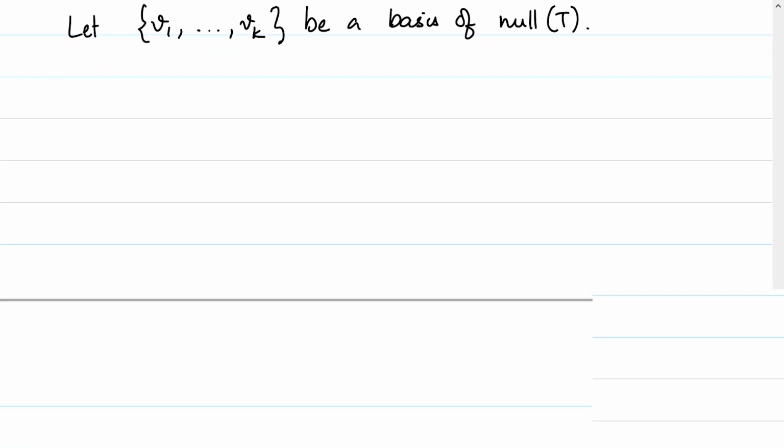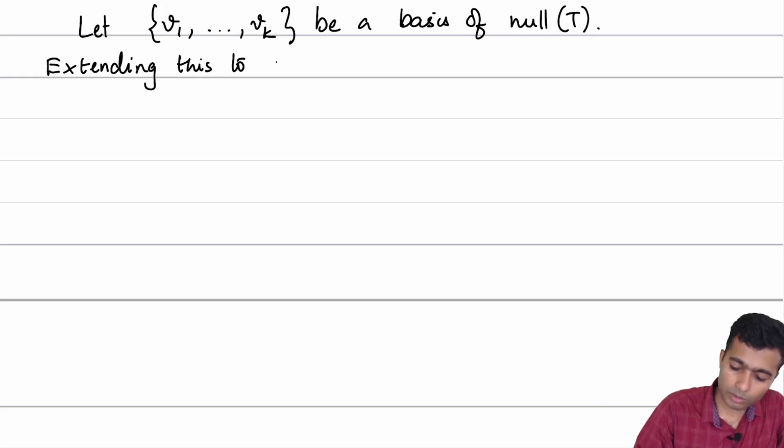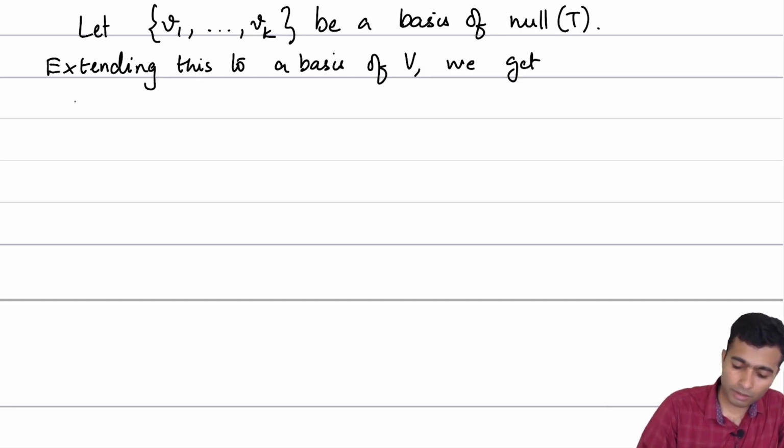We will extend this basis to a basis of V. Extending this to a basis of V, we get v1 to vk, vk plus 1 to vn.